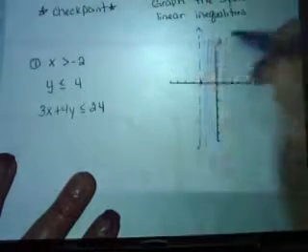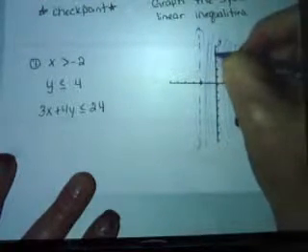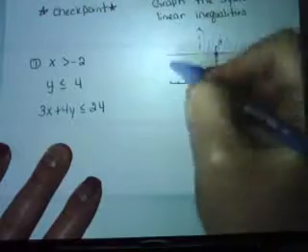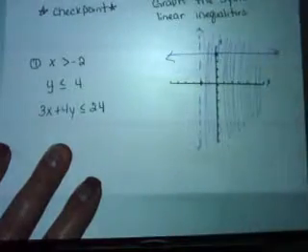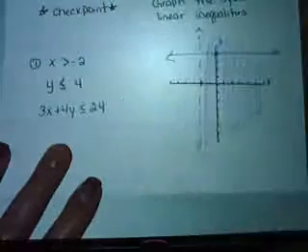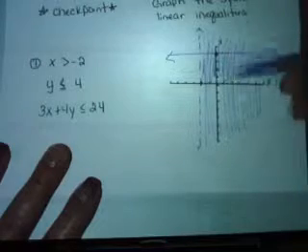Next one, I have y is less than or equal to 4, so I'm going to go to the y-axis at +4, put a point. It's solid because it has the equal to under it. And I know I'm shading below. So far, I have this area right here.